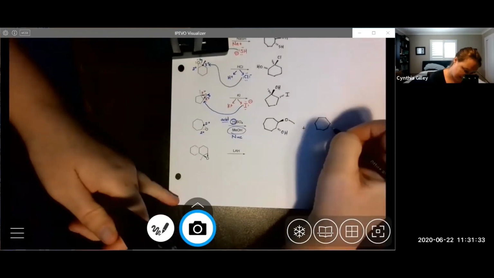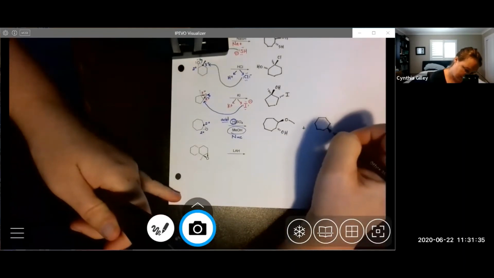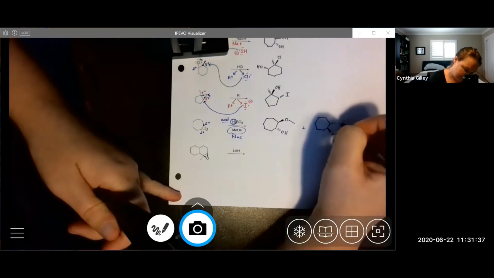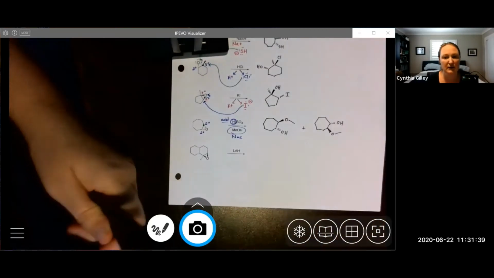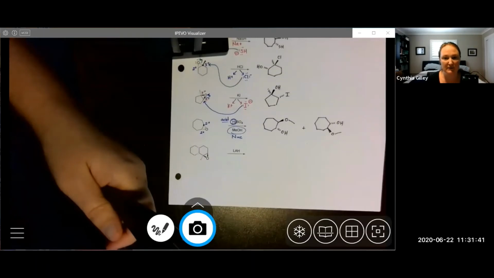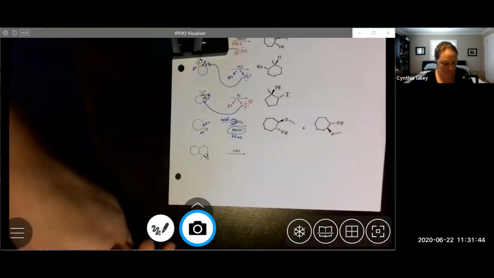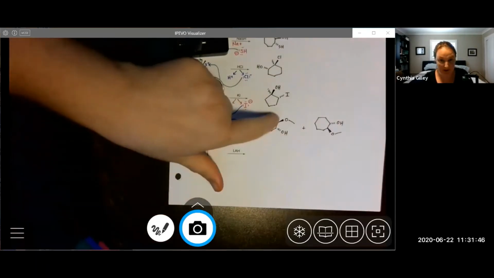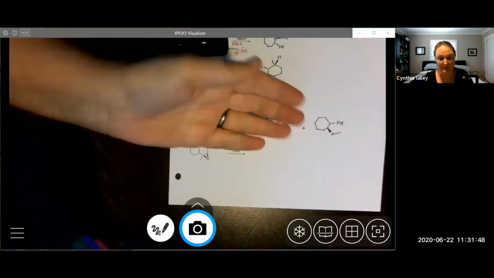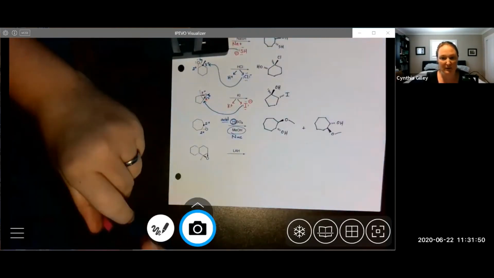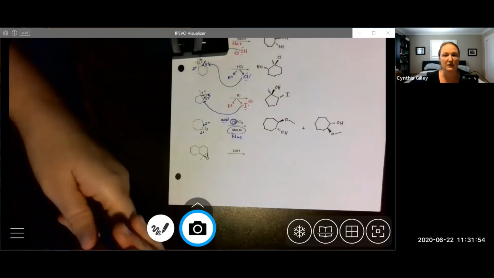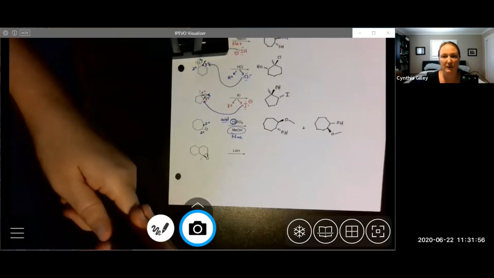Those are enantiomers, because if you just flip this over, this would be back, this would be up. Mirror image. So yes, we get the enantiomer. Good question. Other questions?